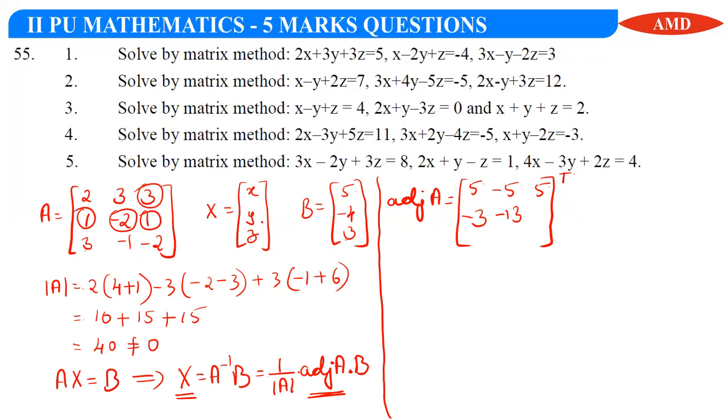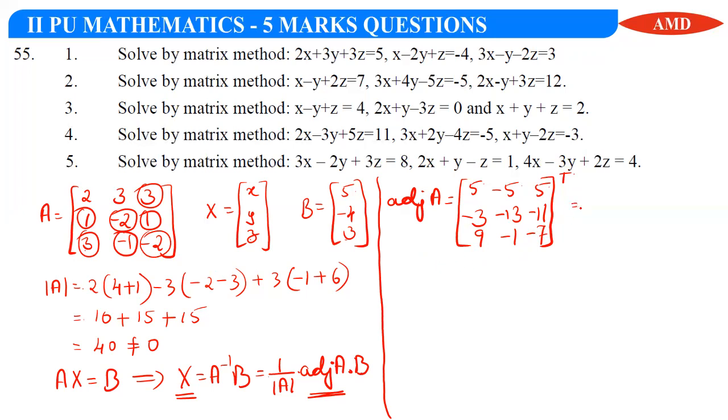Minus 2 minus 9 is minus 11. Next, the minor of 3 is 3 plus 6. 3 plus 6 is 9. Next, the minor of minus 1 is 2 minus 3. 2 minus 3 is minus 1. And finally, the minor of minus 2 is minus 4 minus 3. That is minus 7. Minus 4 minus 3 is minus 7.